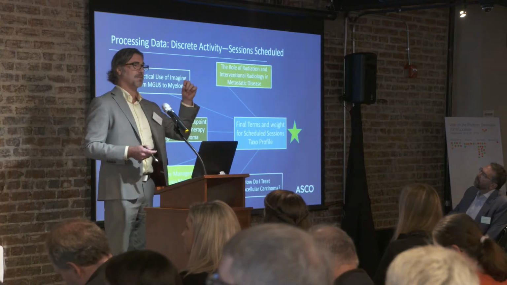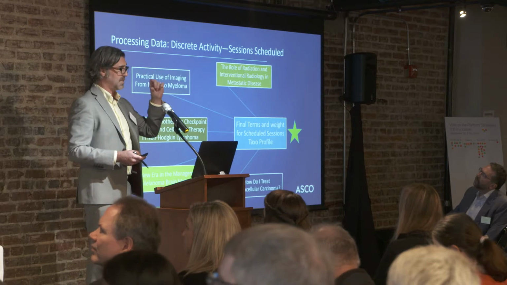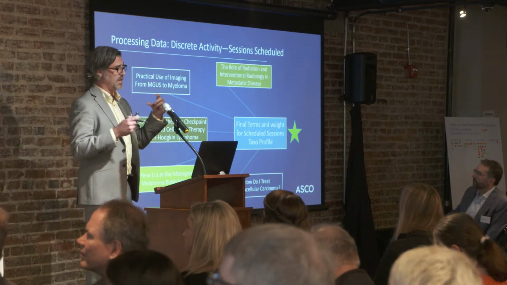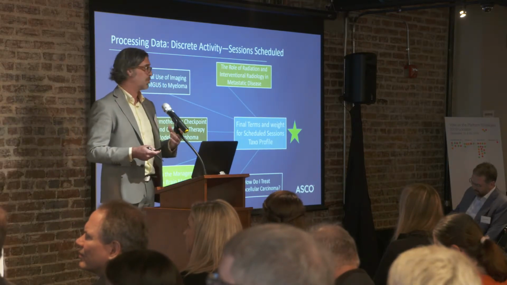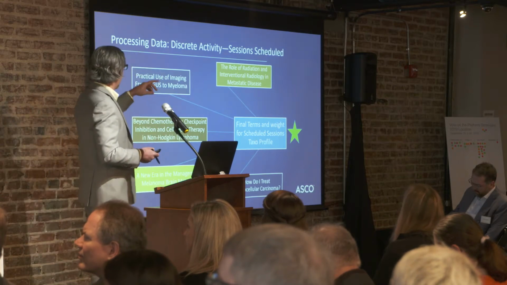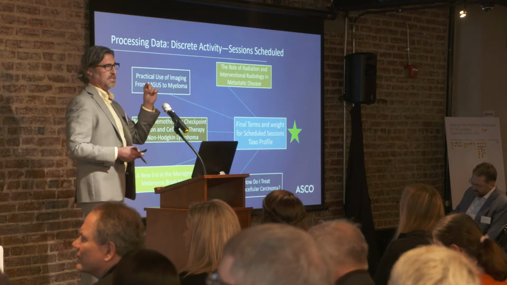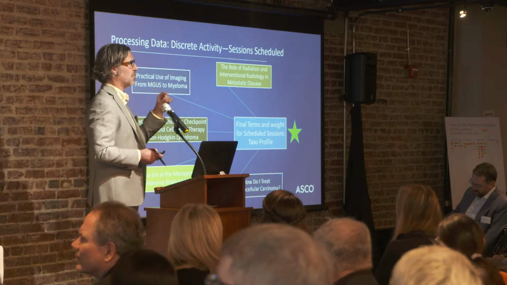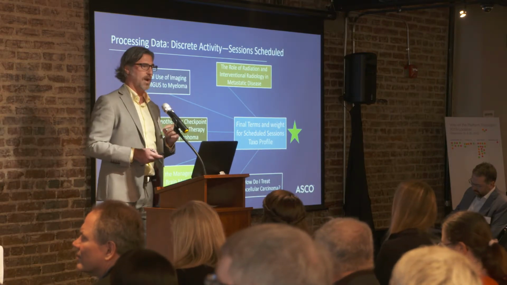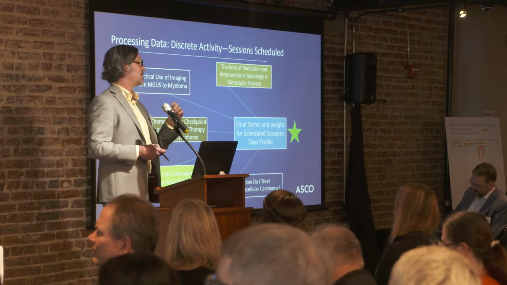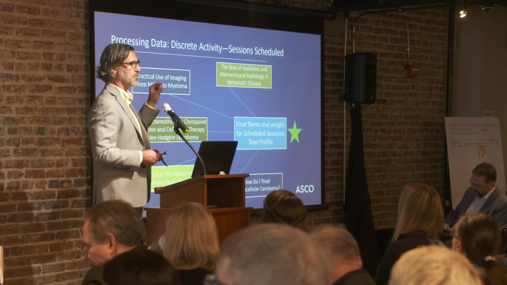So I'm going to move through the concept of a discrete activity into a subset activity, and then finally how we would process the entire taxonomical profile. In this instance, all of the surrounding pieces here are essentially sessions that an individual has put in his or her schedule in attending the ASCO annual meeting. Each of these sessions has an underlying taxonomical structure.